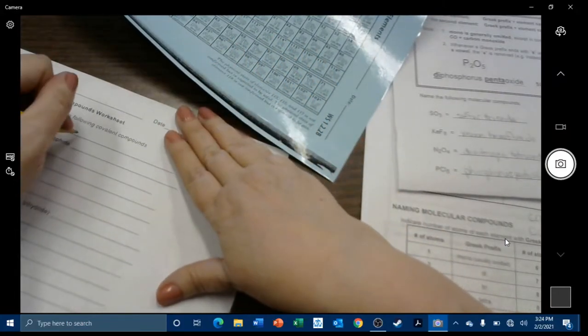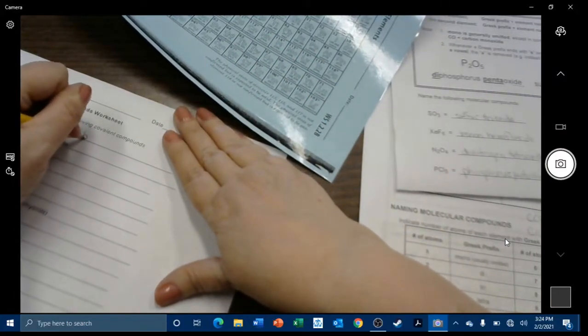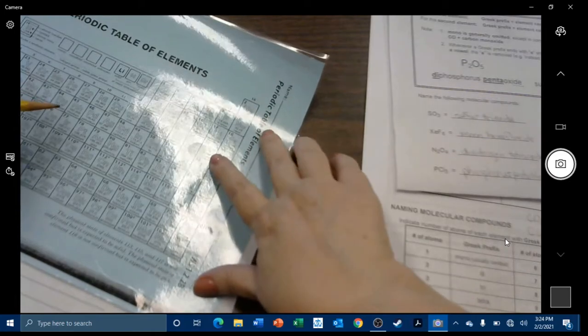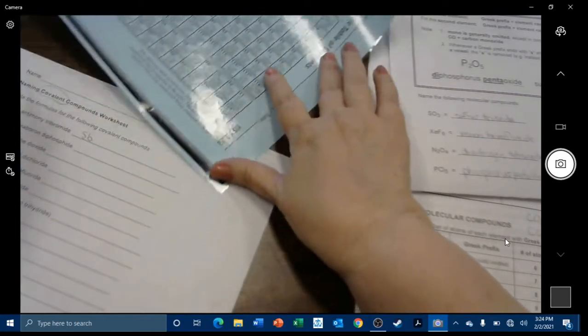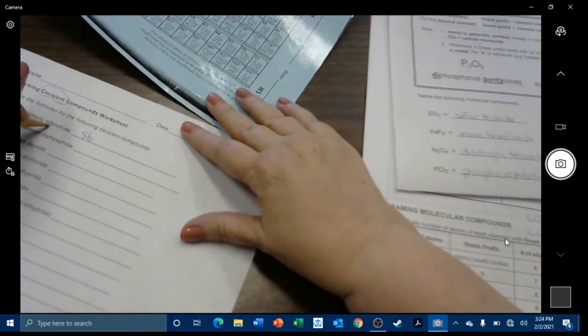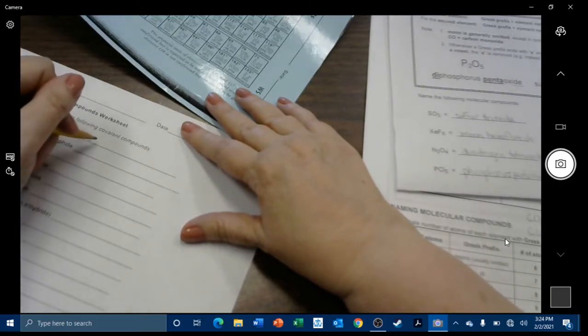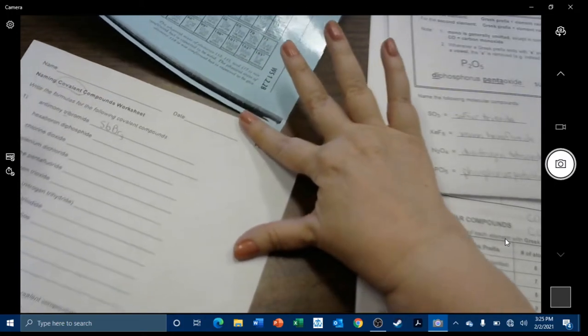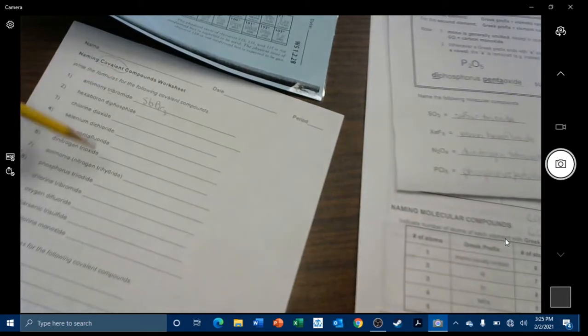There's no prefix, so we're going to put Sb. And then bromide is bromine, so it's Br. And if you look, there's tri, so there's 3 Brs. So you have SbBr3. And that's it. That's all you have to do on this one.